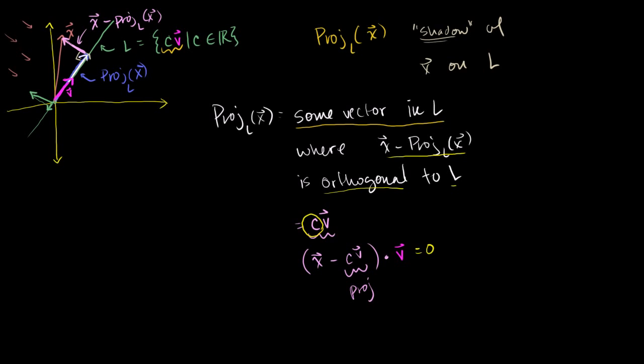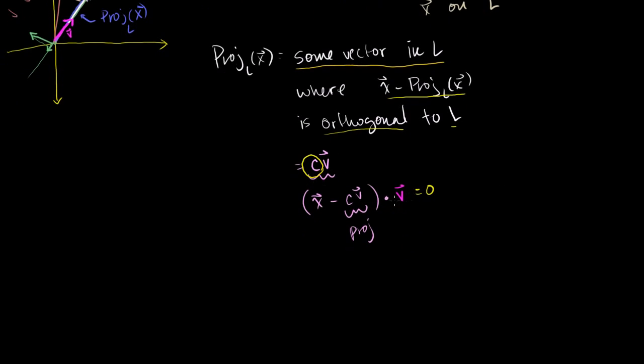We know the dot product exhibits the distributive property, so if we distribute the v, this expression can be rewritten as x dot v minus c times v dot v, and all of this, of course, is equal to 0.